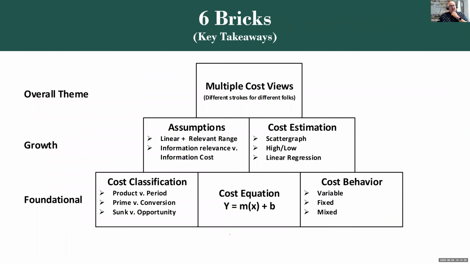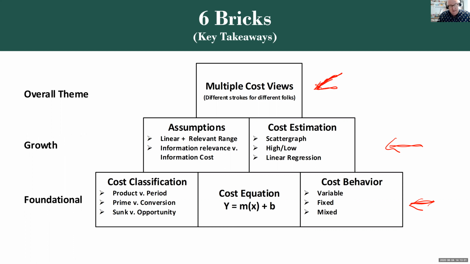One of the things you'll hear me talk about, and Eric will support me, is I always think about these things in 6 bricks. There's the ground floor. These are the things that you've got to make sure you know before you move up to the next 2 bricks. And this is ultimately the final piece that you want to take out of this module.